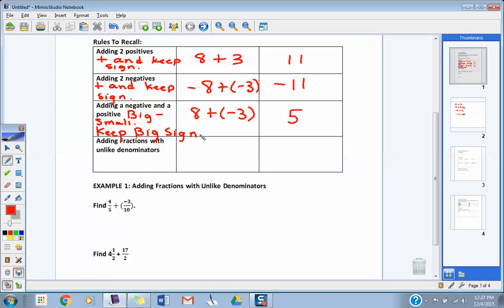So to make sure we can add fractions with unlike denominators, we need to understand this right here. As an example, what if you have something like 1/4 plus maybe 3/8 right there.